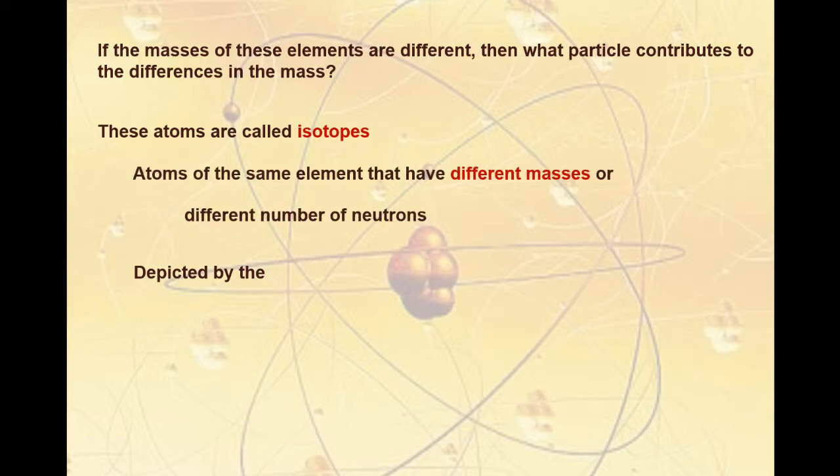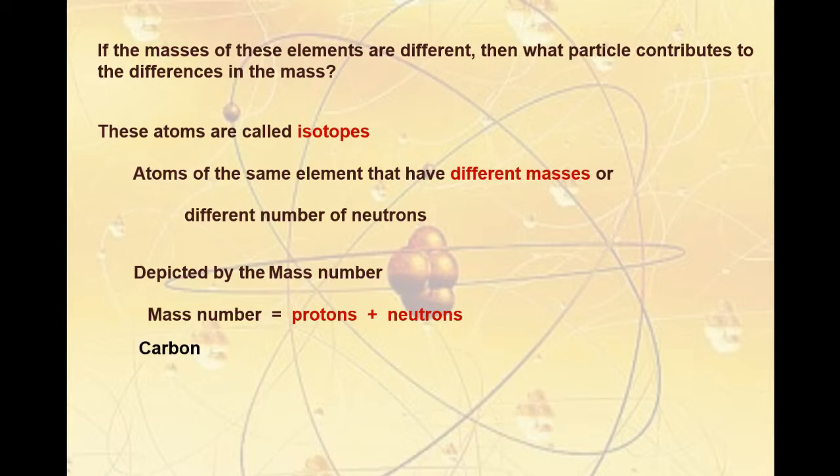These atoms are called isotopes. Atoms of the same element that have different masses have different numbers of neutrons. They're depicted by what is called the mass number. Mass number is equal to the number of protons plus the number of neutrons.